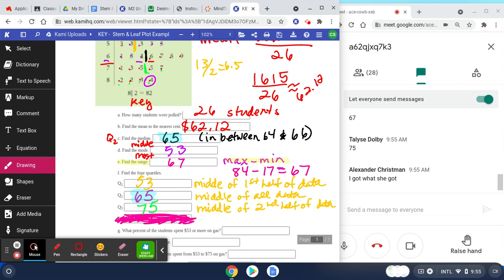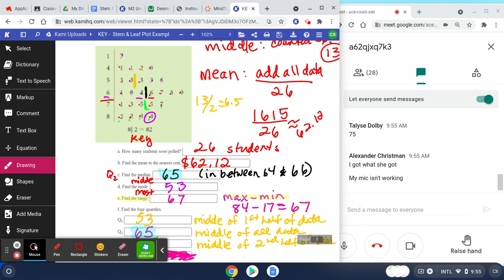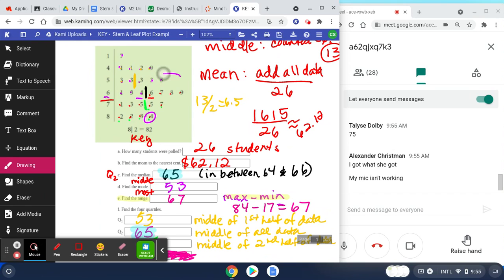Okay, awesome, Alexander. Okay, what percent of the students spent $53 or more on gas? No worries. So, okay, so 53 or more. That's going to be all of these guys. So that's 1, 2, 3, 4, 5, 6. Oops, I'm sorry, guys.